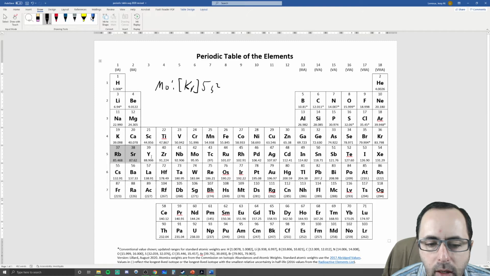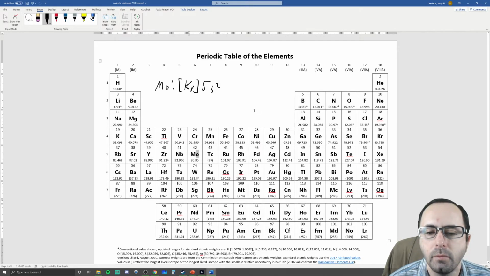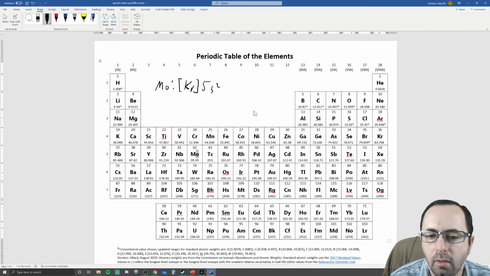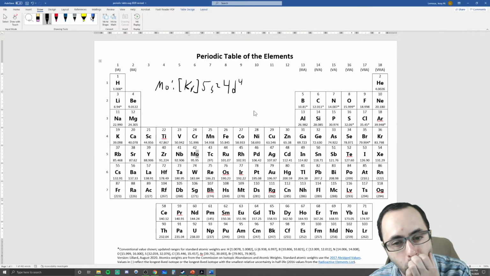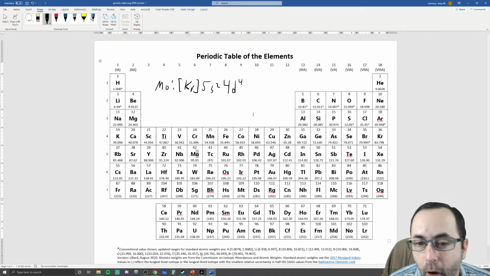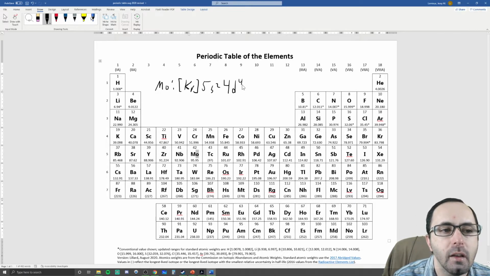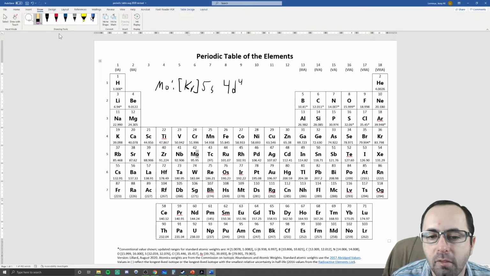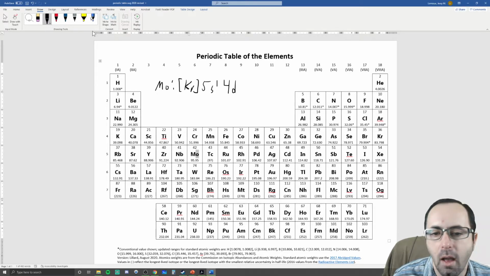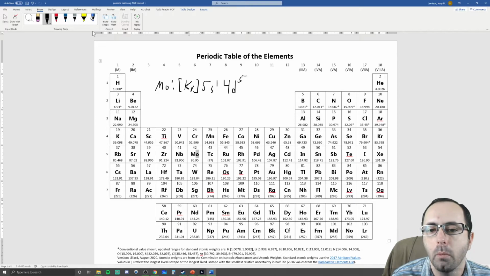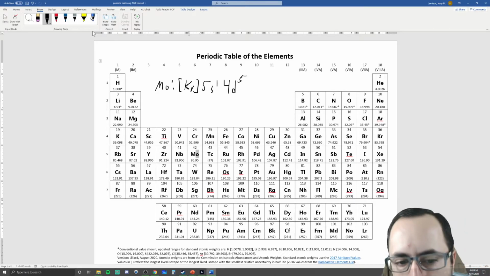And then we'll count in 1, 2, 3, 4. And this is going to be 4. Since it's a D, we do the row number -1, D4. But watch out. This is one of the exceptions because we have an almost half full D subshell. So instead, this is going to be 5S1, 4D5. And that will be the actual electron configuration.